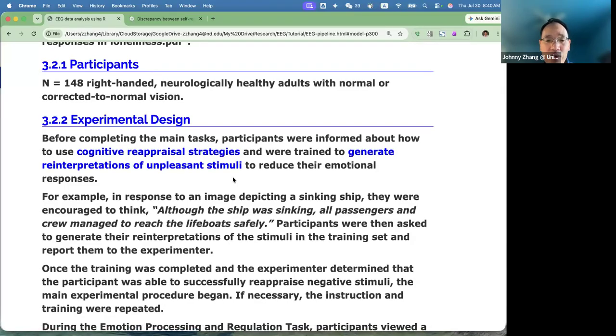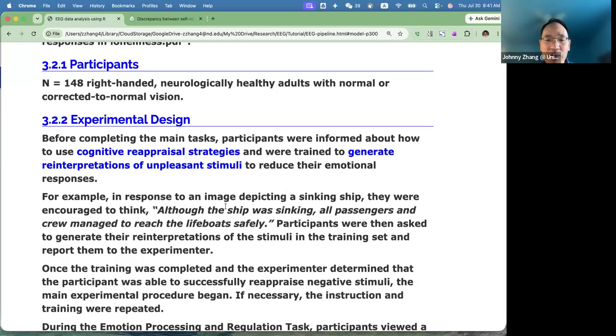The idea is like this. The researchers gave a list of images to the participants, and they asked the participants to either just watch the picture or give a reinterpretation of the picture.